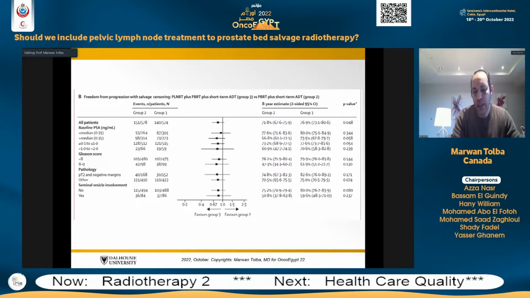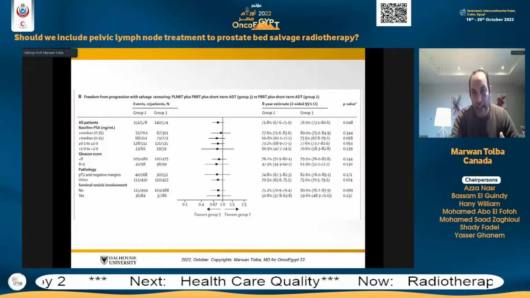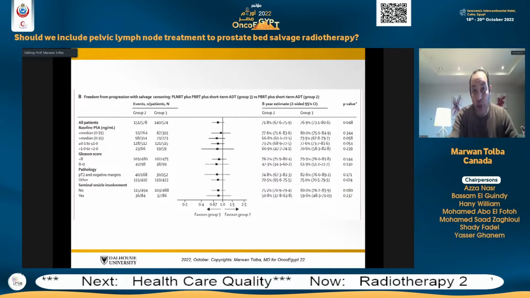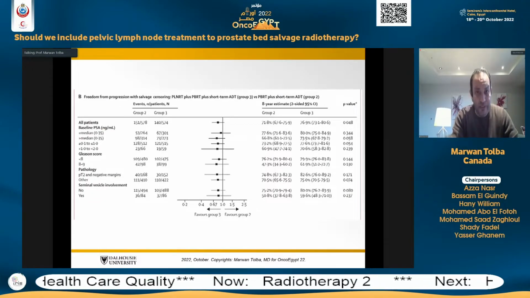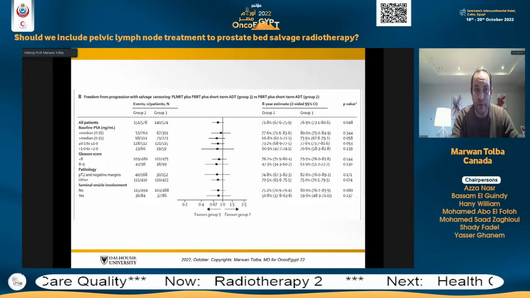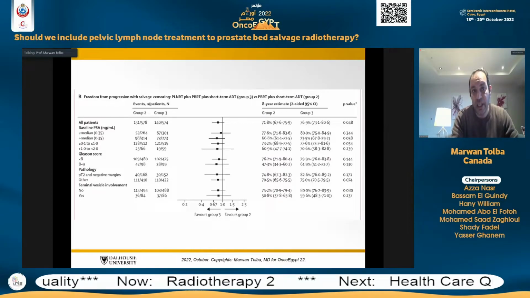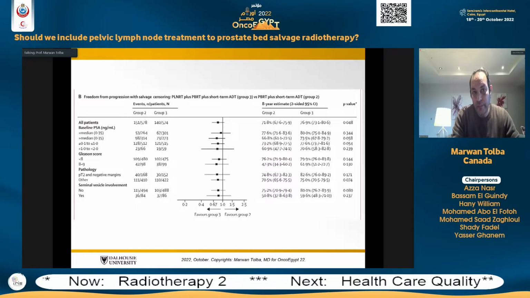This is the arm the whole world asked about. What is the difference of adding the pelvic lymph node radiation to the ADT? Is it a good idea? Is it effective to treat this with pelvic lymph node radiation? As we can see on the forest plot, in all subgroup analyses except the median PSA, here it's a marginal improvement if the median PSA is less than 0.35, and this would be a question.